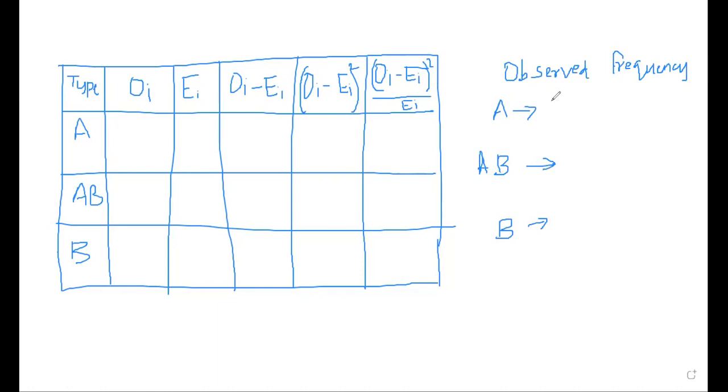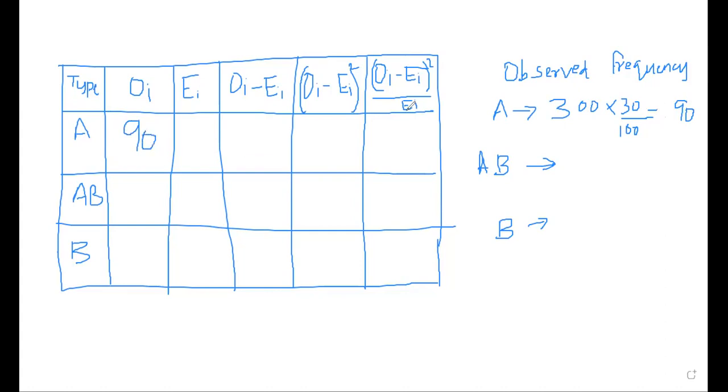Here, out of 300 children, n is equal to 300. In the problem it is mentioned that 30% were found to be type A. That means 300 into 30 by 100. So you will get the value 90. So OI is 90.